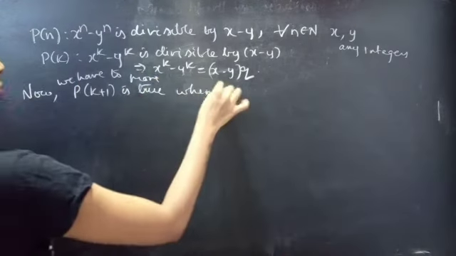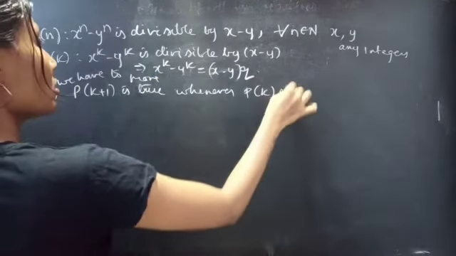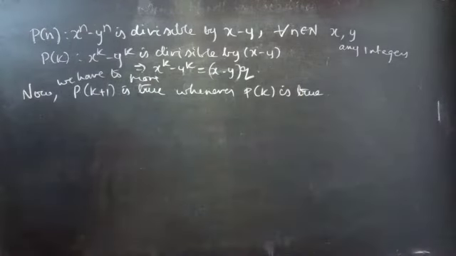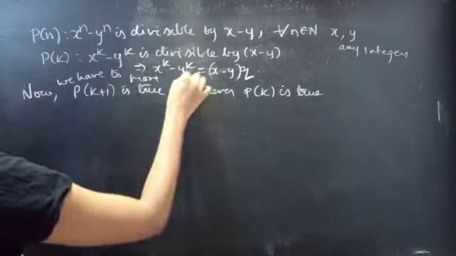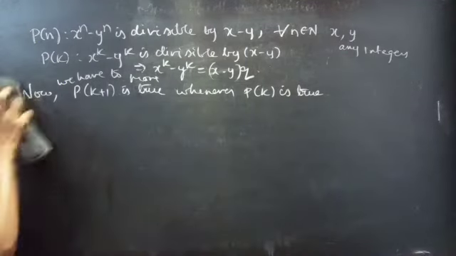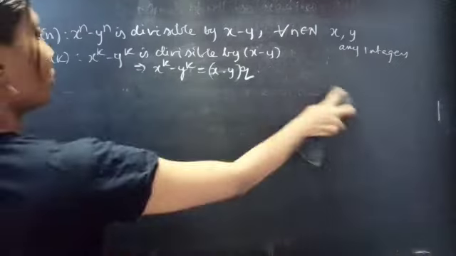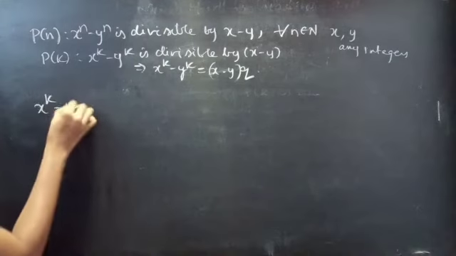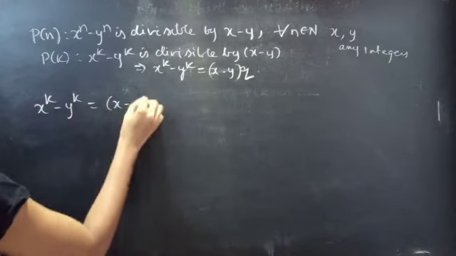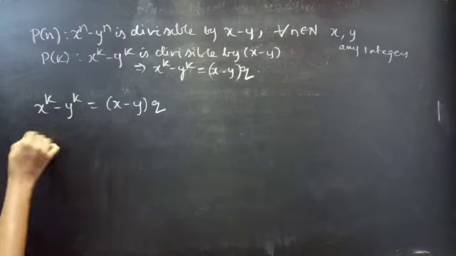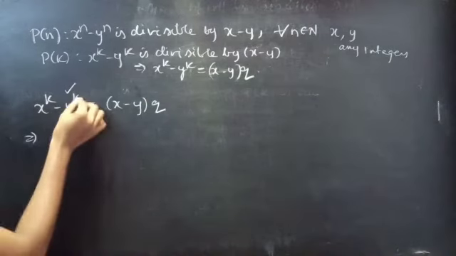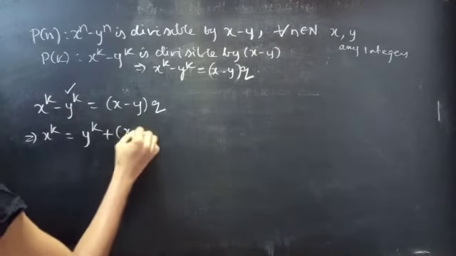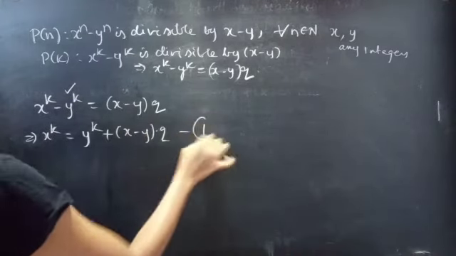Whenever P of k is true, we have x power k minus y power k equals (x minus y) into q. Now, take this minus y power k to the RHS, and you'll get x power k equals y power k plus (x minus y) into q, considered as equation 1.